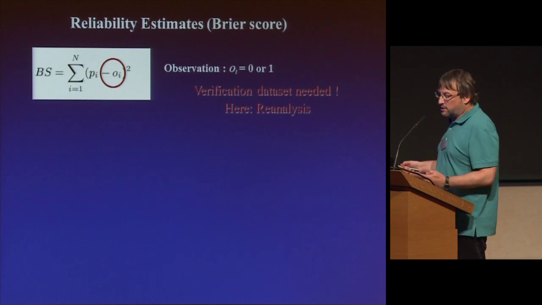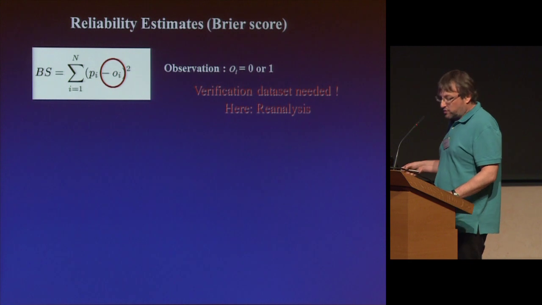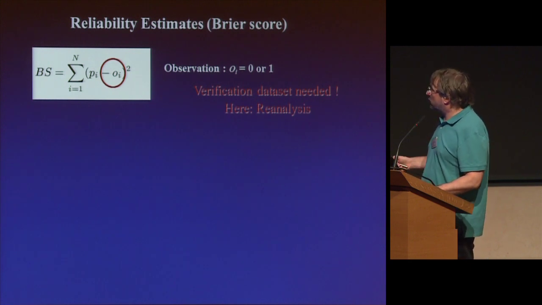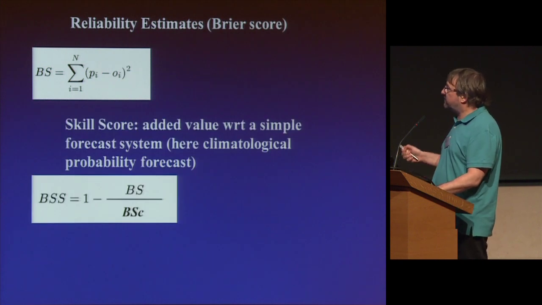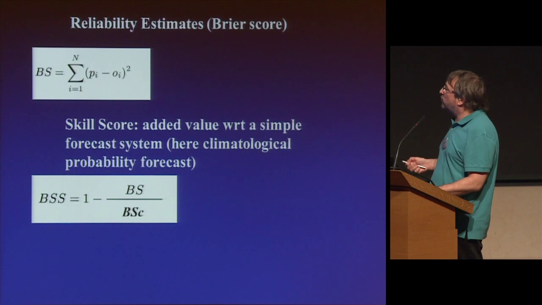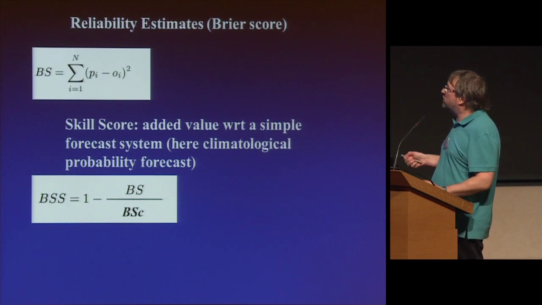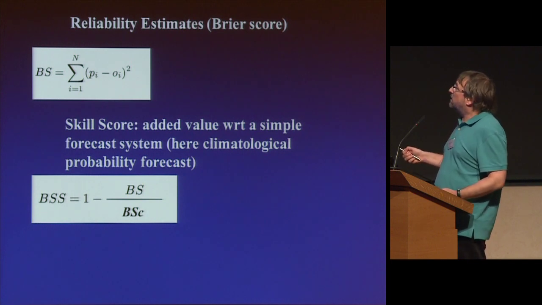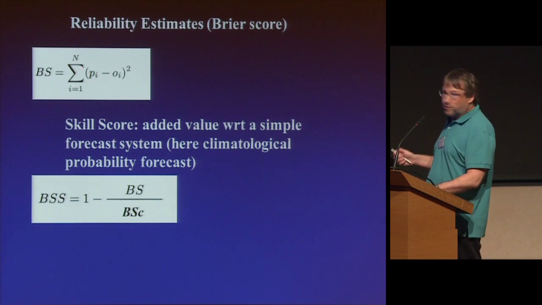In the case that I show here, the reality is the reanalysis. We could have, for example, taken some reconstructions or something else. This is a skill score. The score in itself has no meaning, so we need to compare it to some simple forecast system, for example, the climatological probability forecast. In that case, it means the probability forecast is always half.